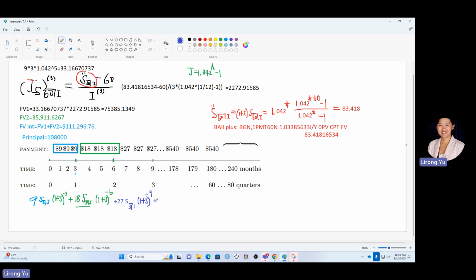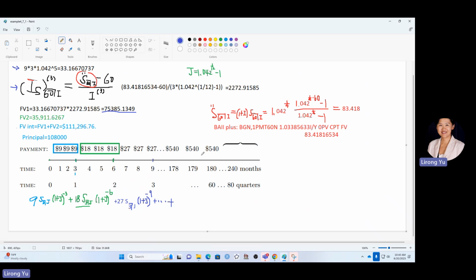Okay. The same thing can go on. All I'm trying to do is, instead of having this calculation together with this calculation, instead of following that formula, maybe we can look at the equivalent cash flow. That allows us to calculate the present value or the future value of this payment.